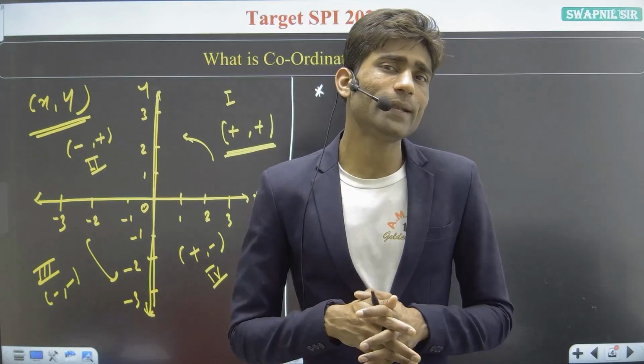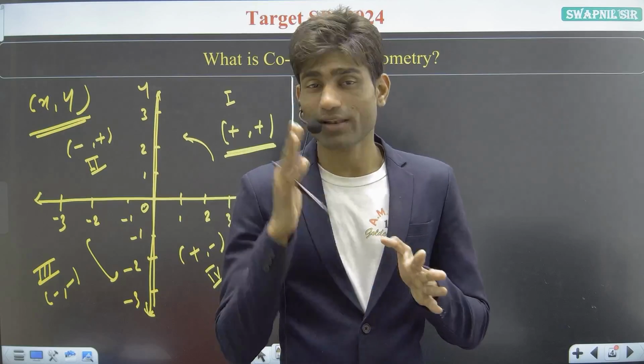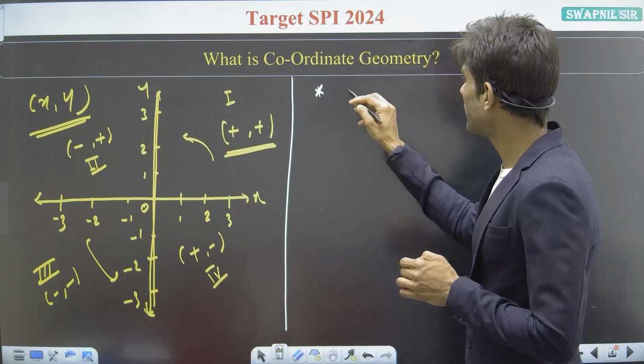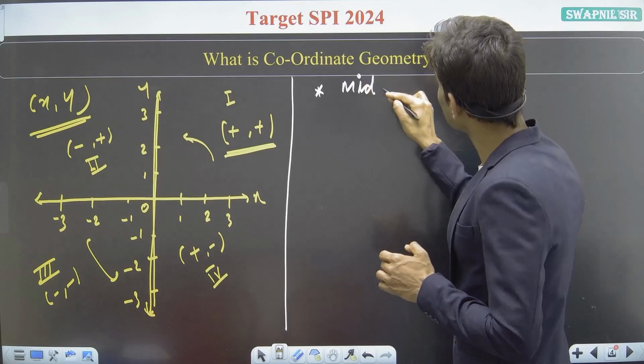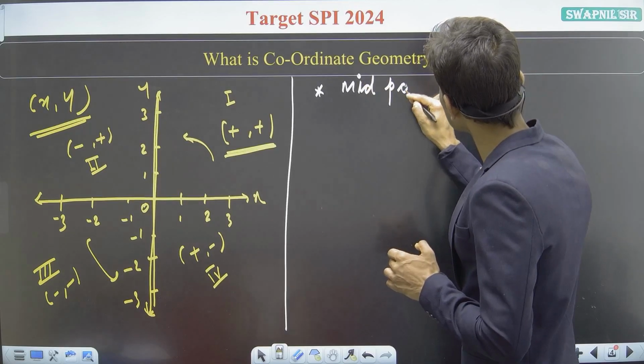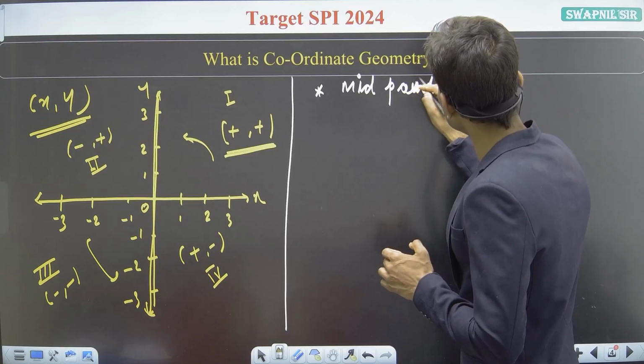For finding the midpoint of those coordinates, we write a specific formula. Let's see this formula first. Midpoint formula.